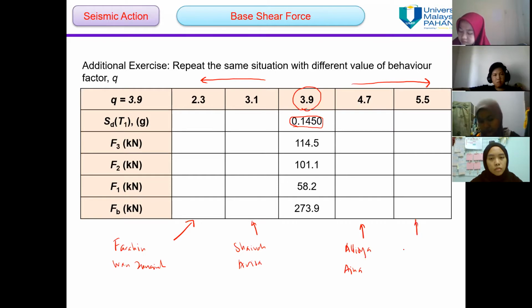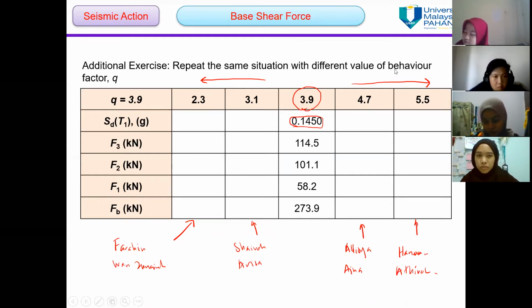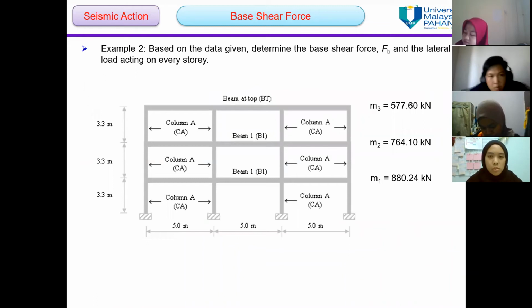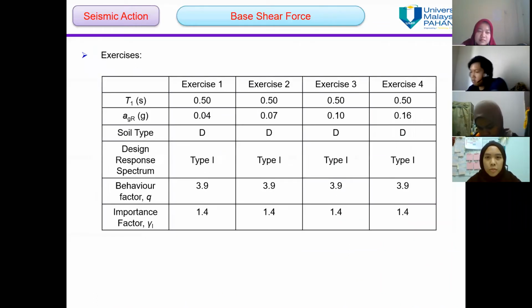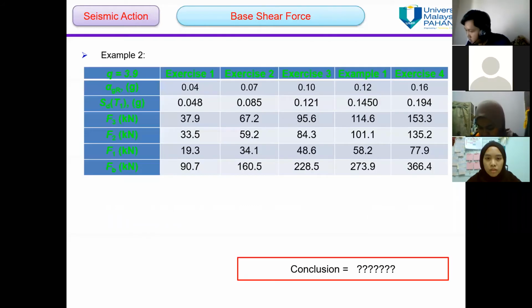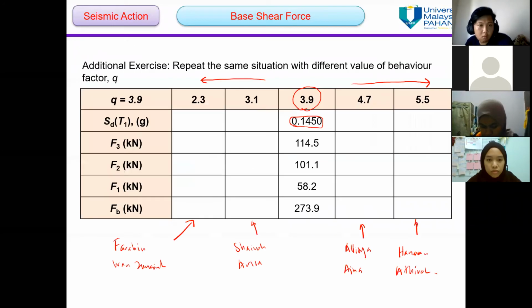This one Hanan and Atira. I give you around 5 minutes, and then we will discuss the values. And this is example 2. We will discuss later.